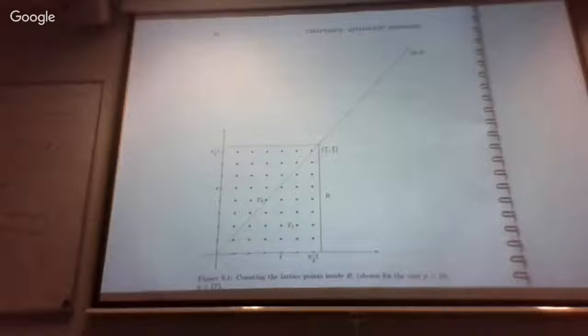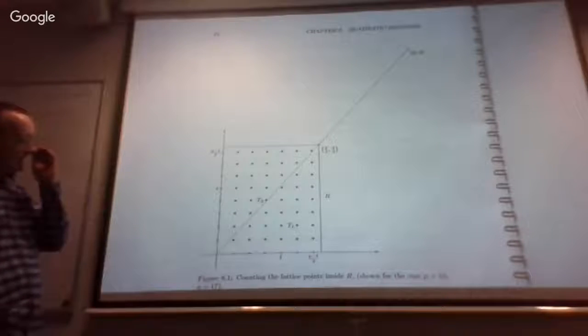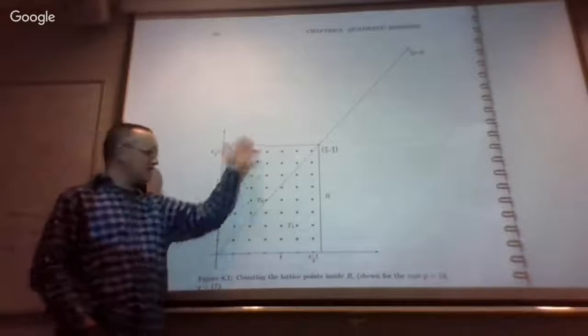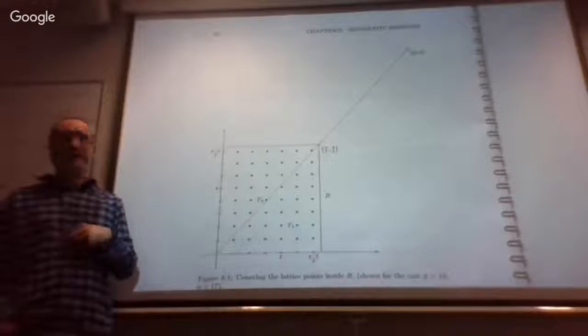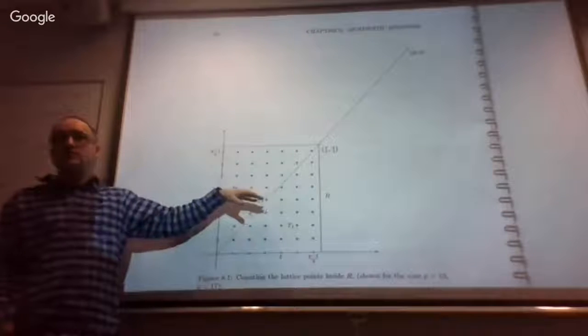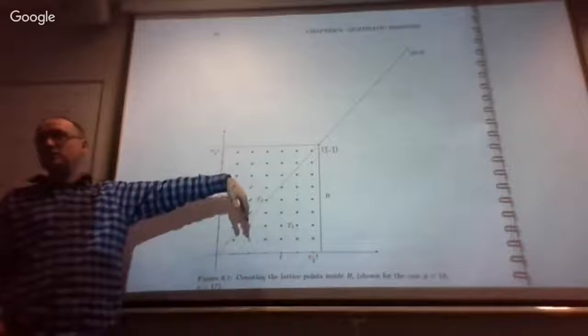Quadratic reciprocity is one of these things where there are loads of different ways of proving it, and we're collecting proofs. This one talks about the integer lattice in the plane. Now, for our purposes, we can just regard the integer lattice in the plane as the collection of all points which have integer coordinates. Okay, integer x coordinate, integer y coordinate.